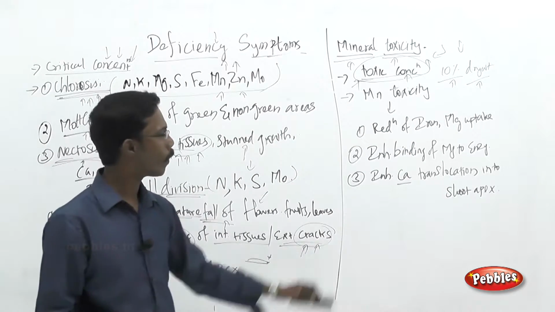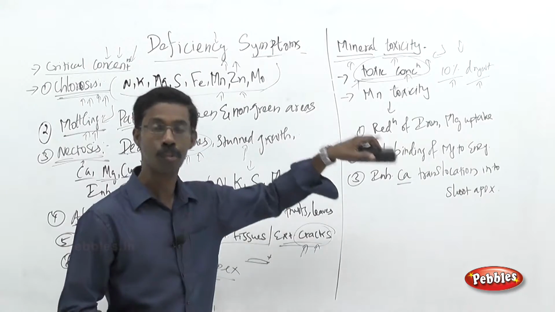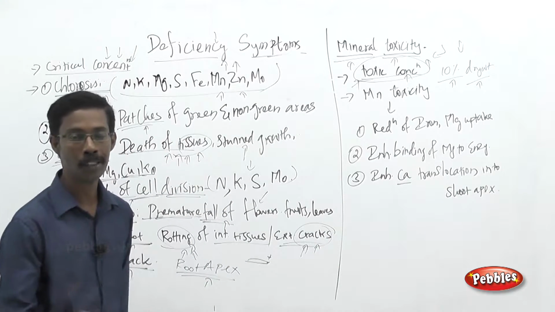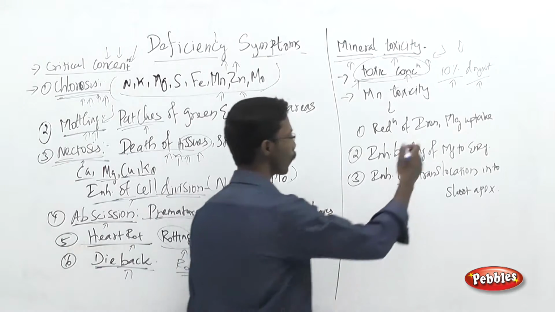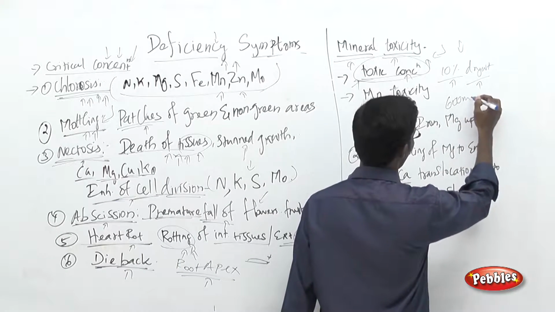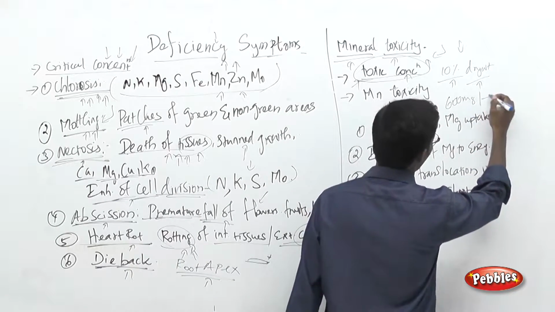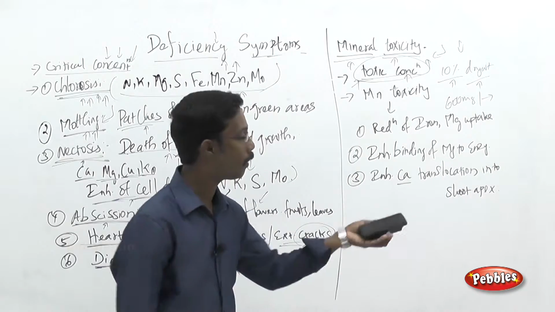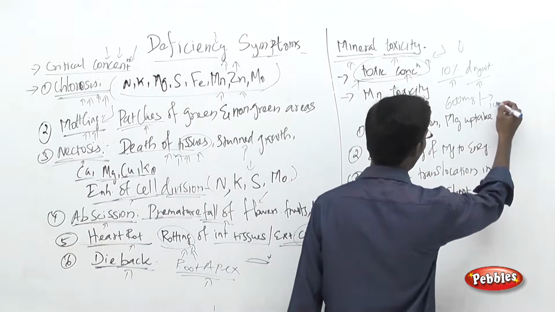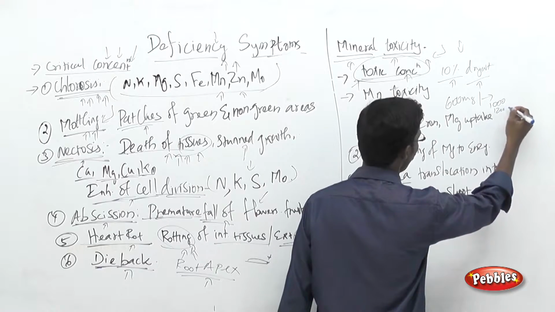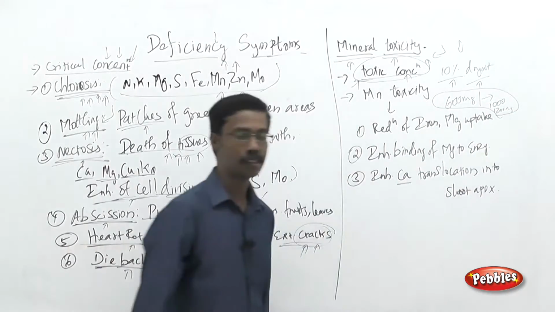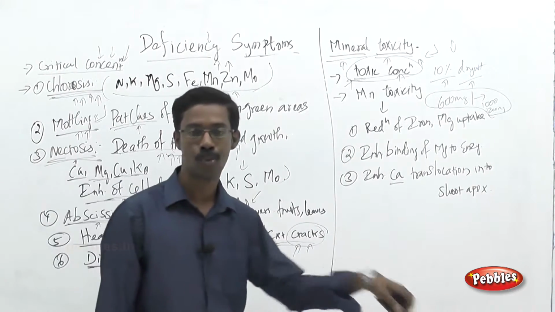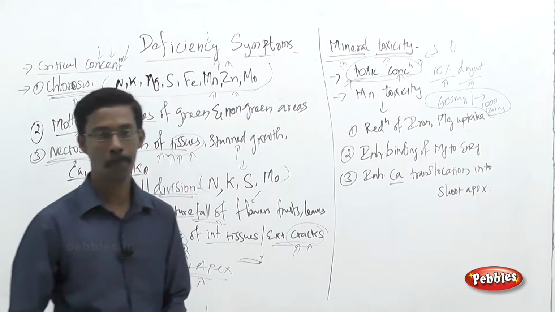Toxic concentration is also plant specific and species specific. For example, 600 milligram may be toxic for some plants, and for some other plants it may be 1000 or 1200 milligram. The point to remember here is that the toxic concentration is plant specific and species specific.